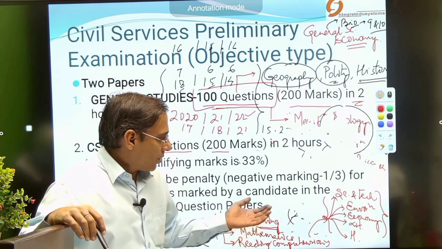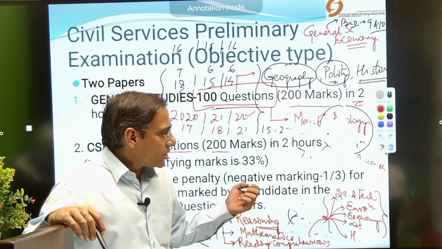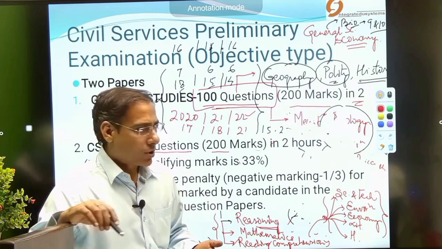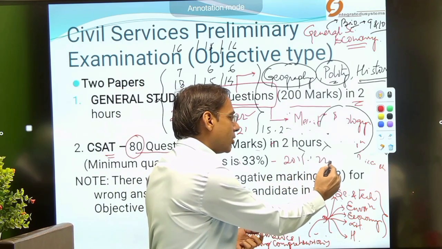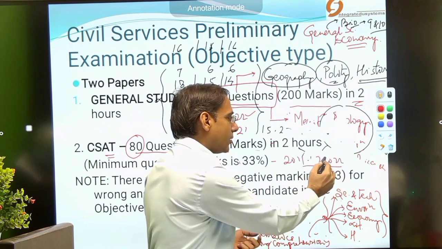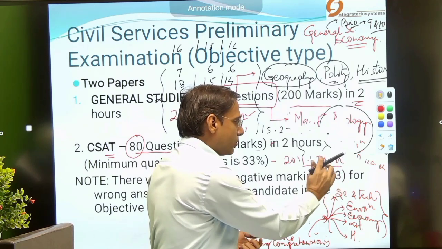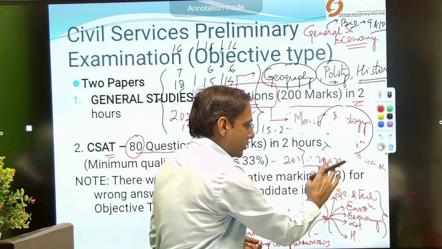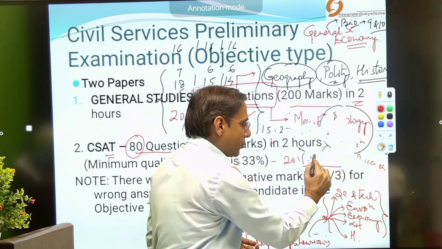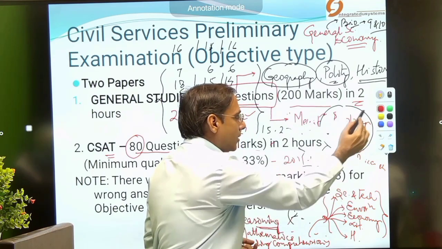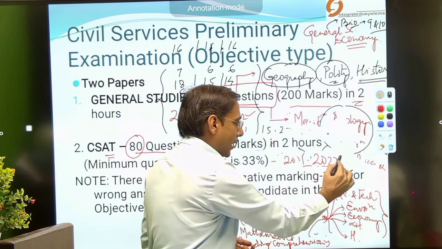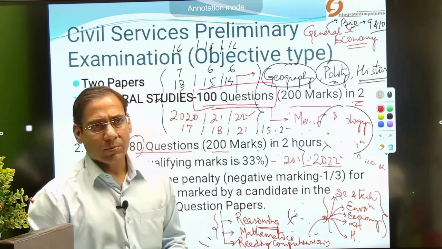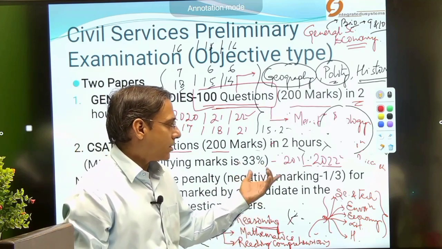So what I would like to suggest here is, must practice the previous year's questions from 2011 till 2022. Just practicing these papers gives you the idea, and this is sufficient to achieve the 33% marks.